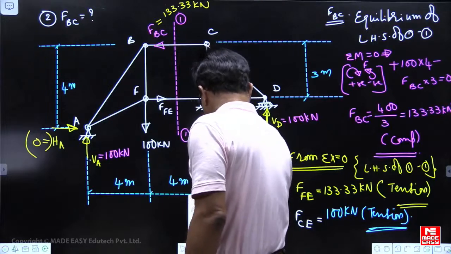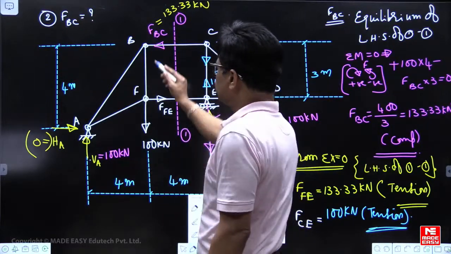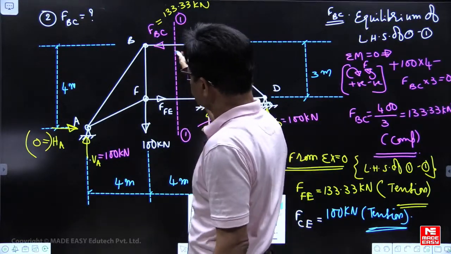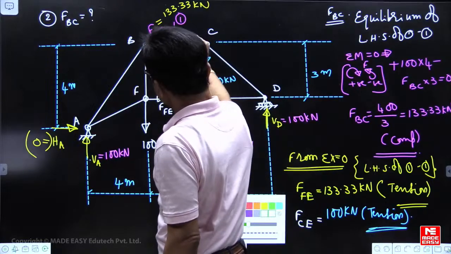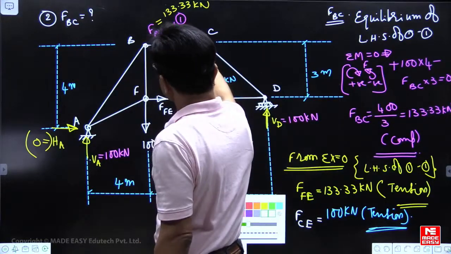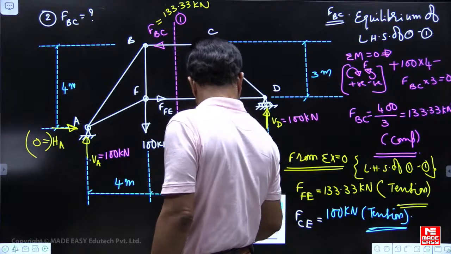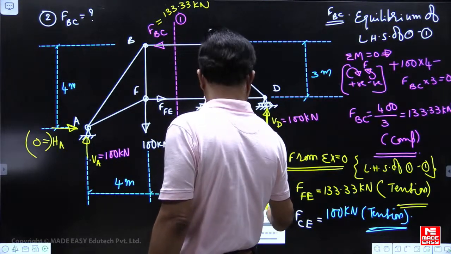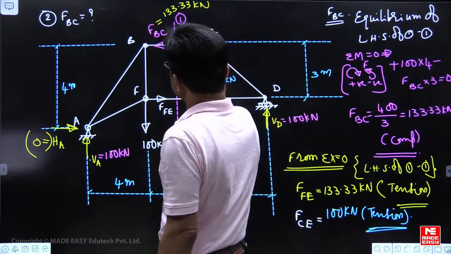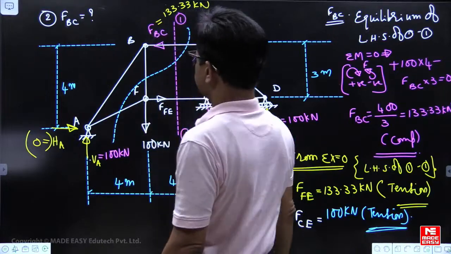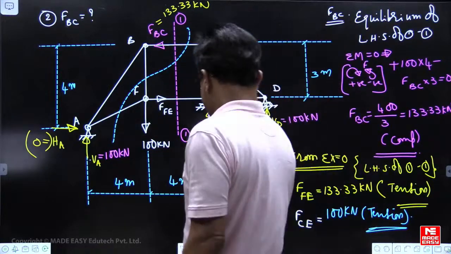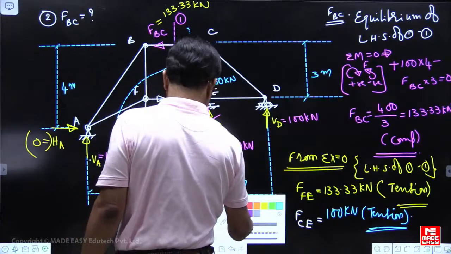I am taking one more question here. We want to find force in the member BF. For that, what we can do is we can cut it, say like this. This is, you can say 2 will take it.